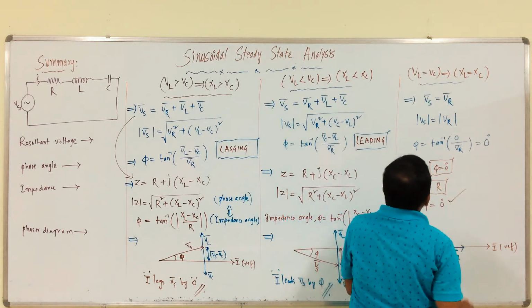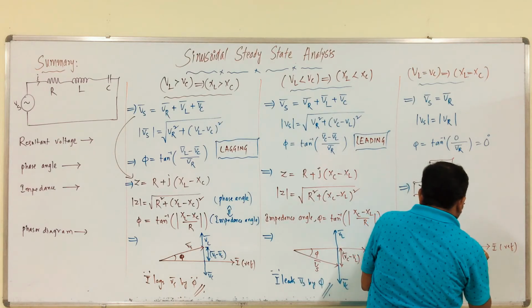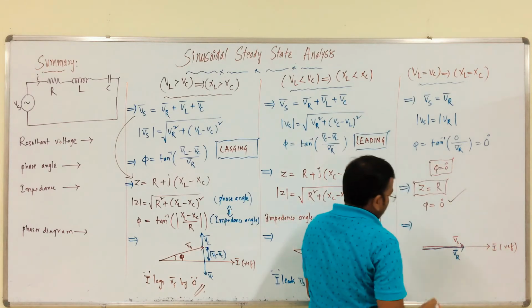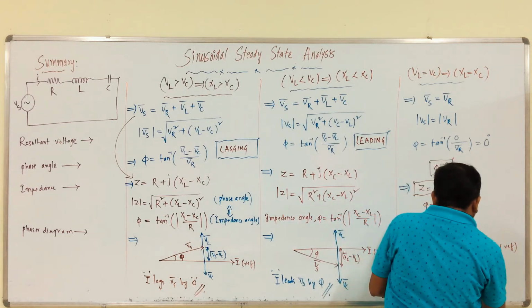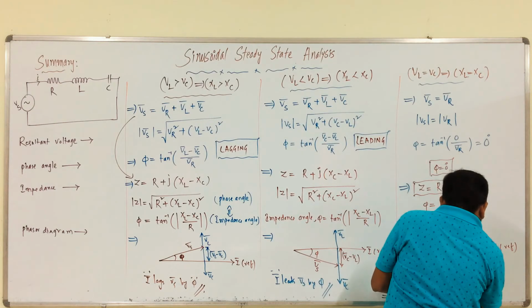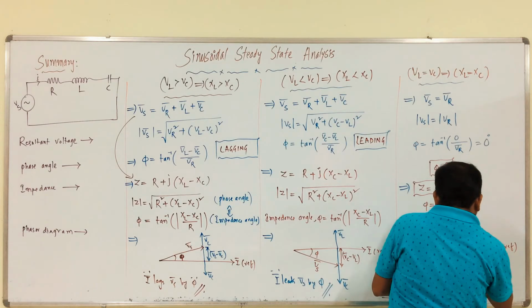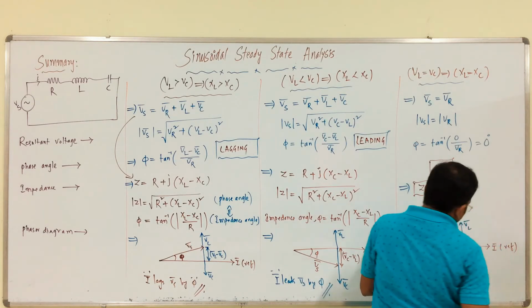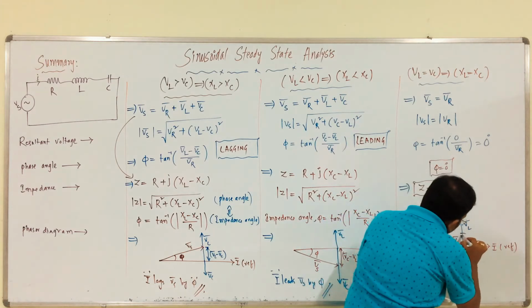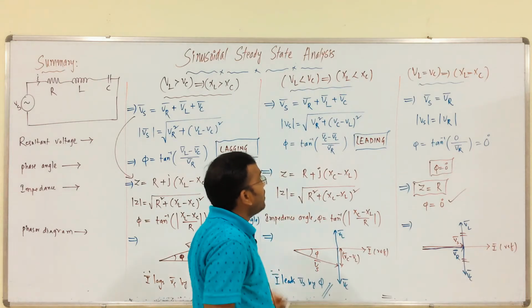Therefore, Vs is this. This is VC, right? This is VL. We can represent the magnitudes like this, both are equal. So, like this you have to write. Okay, this is about the phasor diagram for the third case.